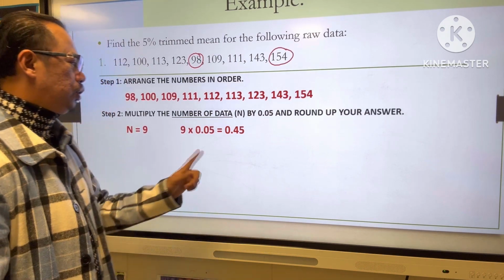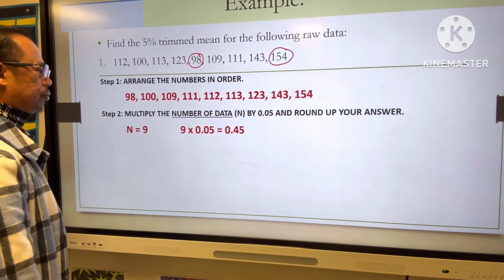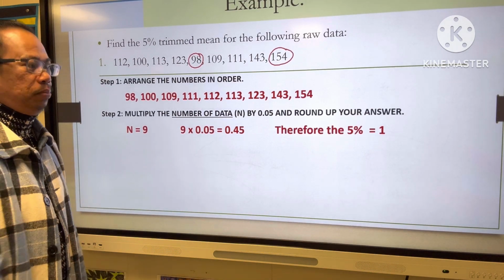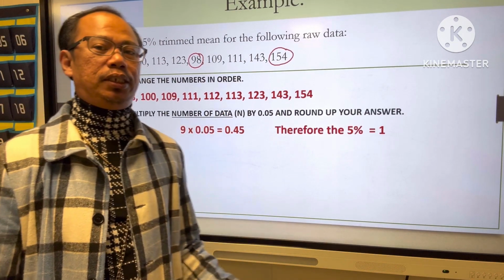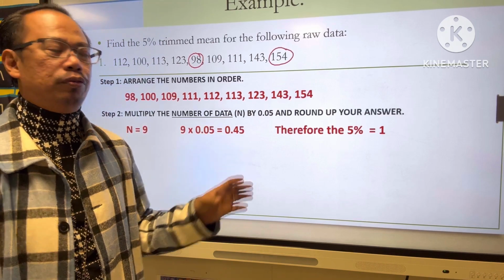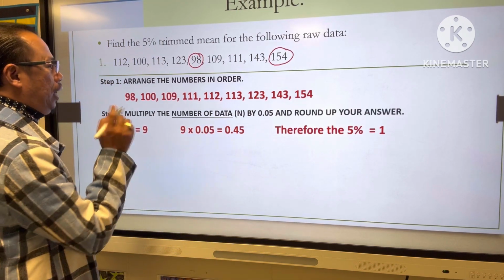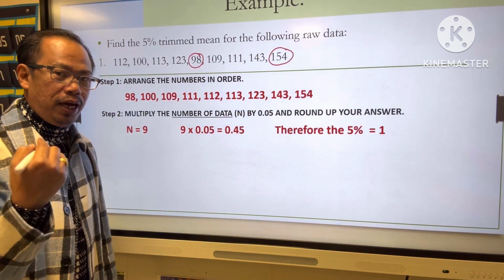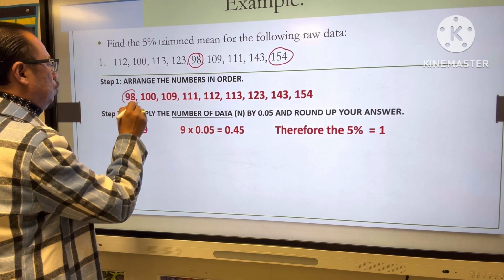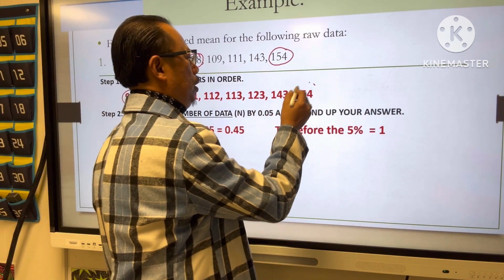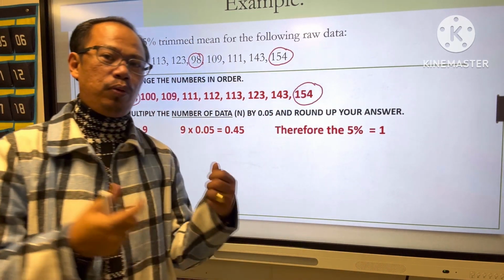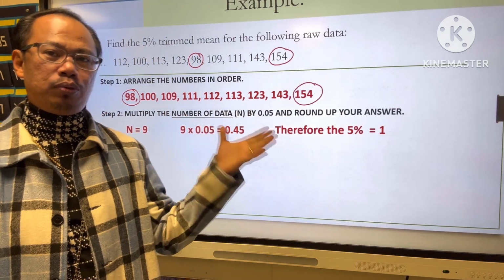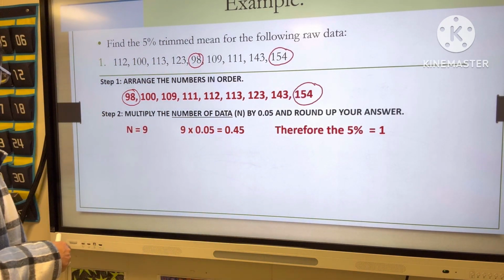So that is 1 now. Meaning to say, the 1 will be removed. We're going to remove 1 row data from the left and 1 row data from the right, 1 here and 1 here. We're going to remove that from left to right. Next.